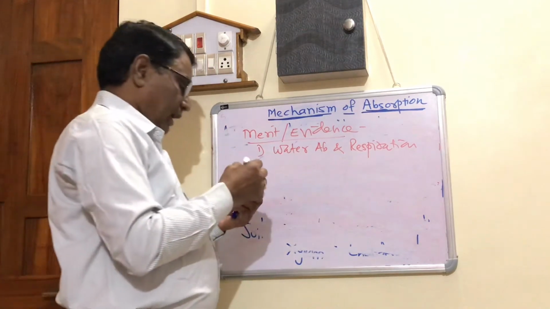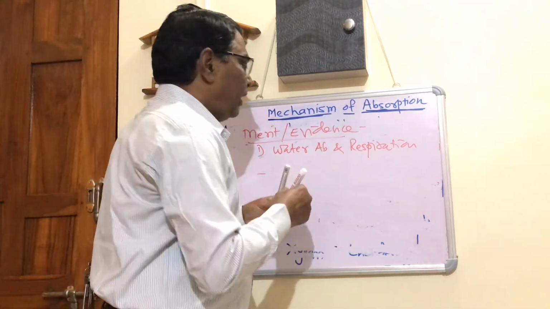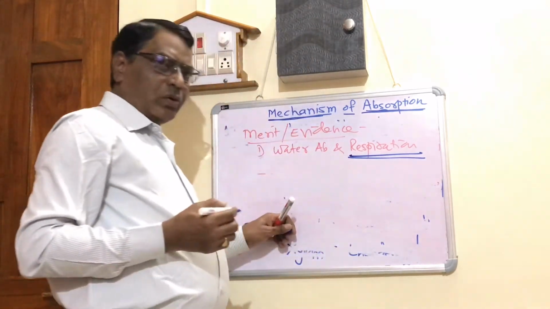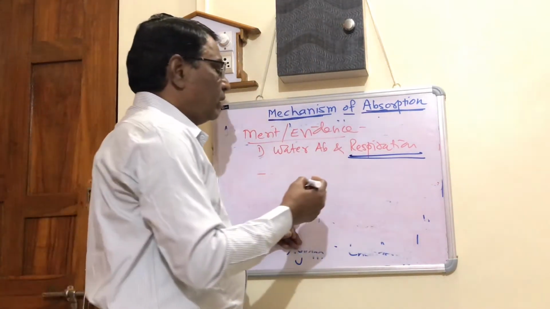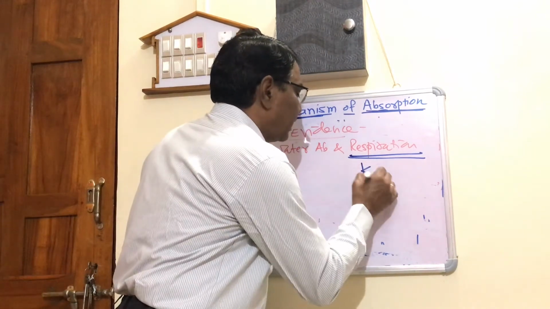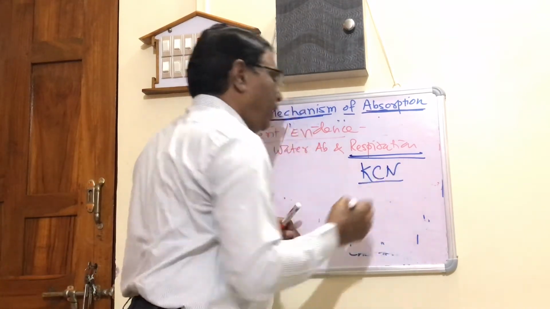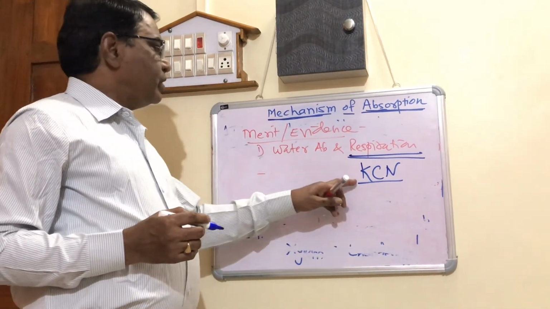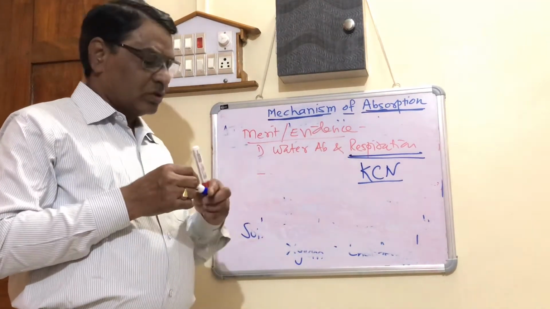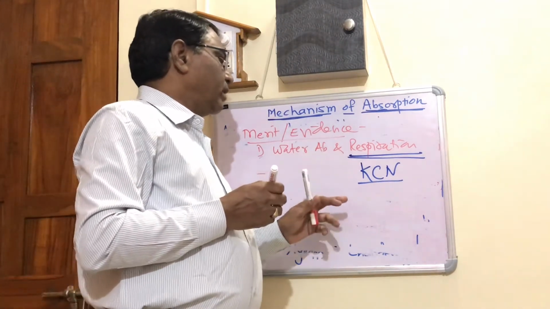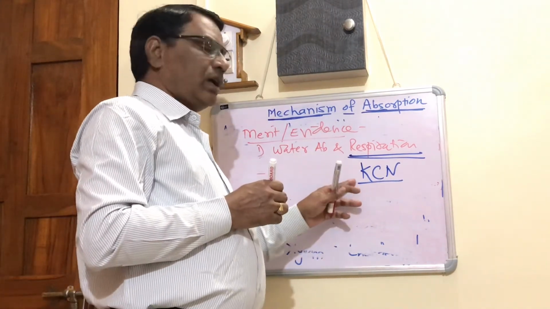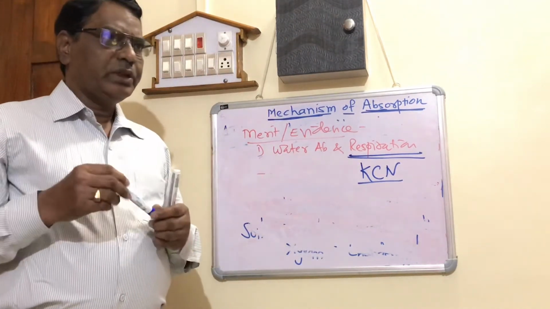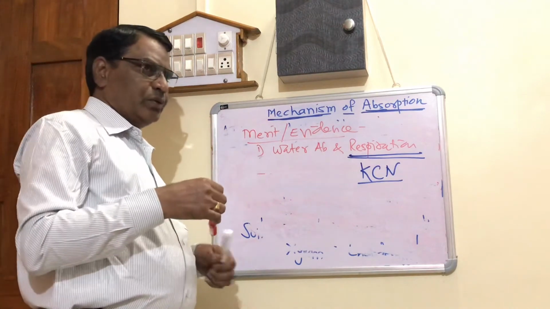If anybody retards the respiration in a root by certain treatments, like treatment with KCN, the KCN retards the root cell respiratory activity, and under such conditions the rate of water absorption gets inhibited or reduced.